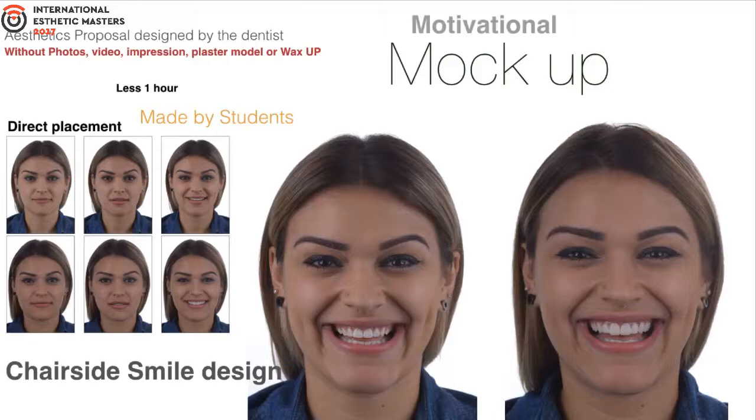This proposal is what you call a motivation mockup, because you can impress your patient by changing their smile immediately, showing them personalized aesthetic results. And at this point you have not invested a lot of money to do all this. You can analyze whether or not.